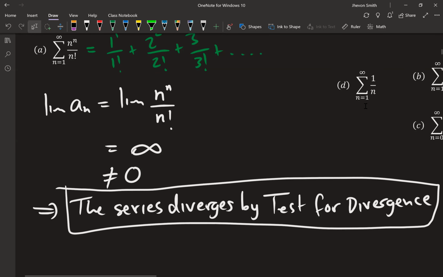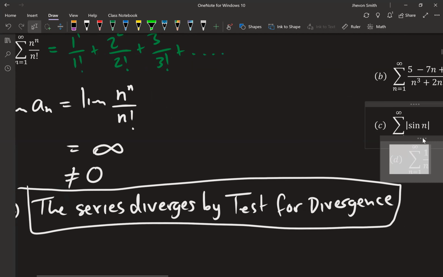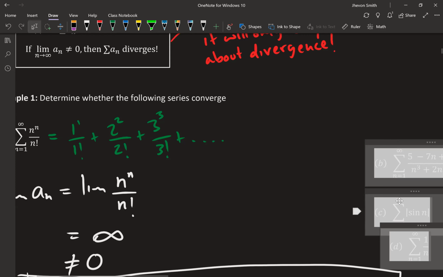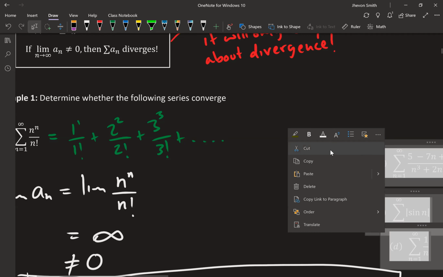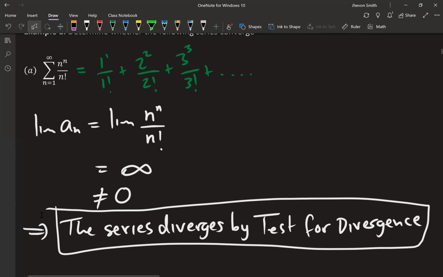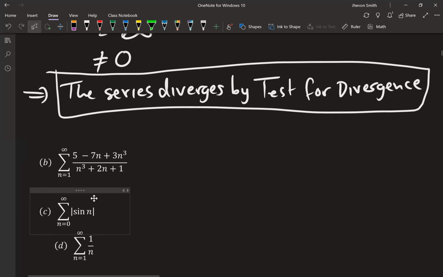Boom, that's it. I take the limit of the guy and notice that the limit did not give me 0. This basically means that the series diverges. In other words, the terms are just too big. It's not going to add up to anything meaningful.